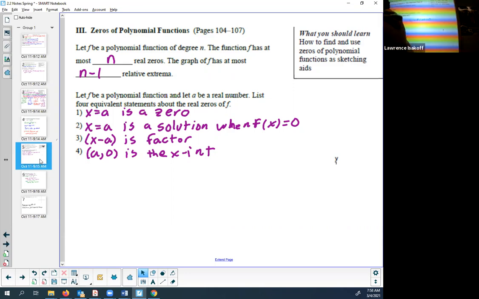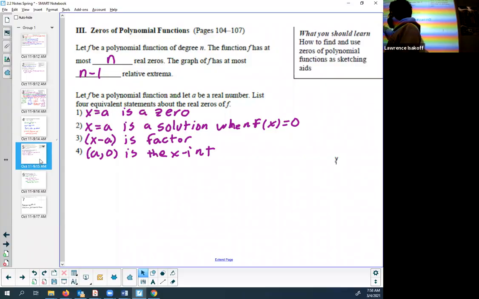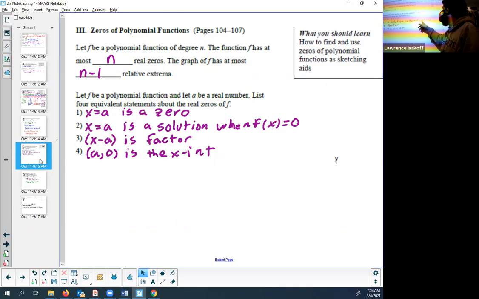Let f be a polynomial function. Let a be a real number. List 4 equivalent statements about the zeros. If I say x equals a is a zero, that's one statement about it being a zero. I can also say x equals a is a solution when f of x equals 0. So essentially, it's where it crosses the x-axis.